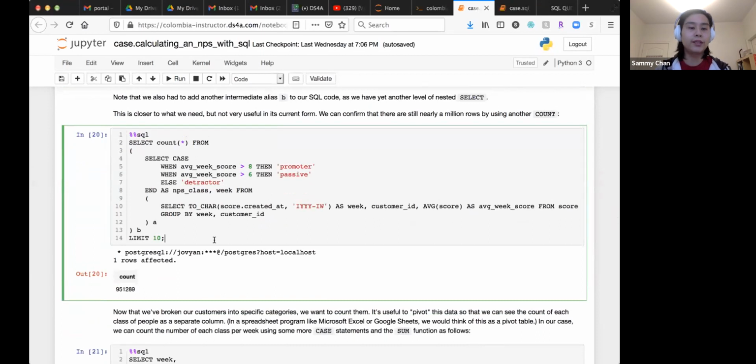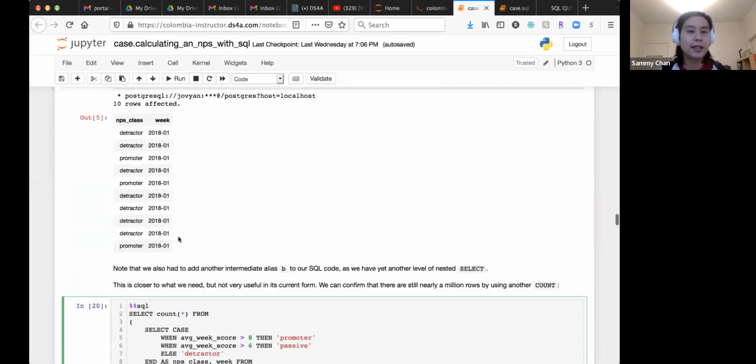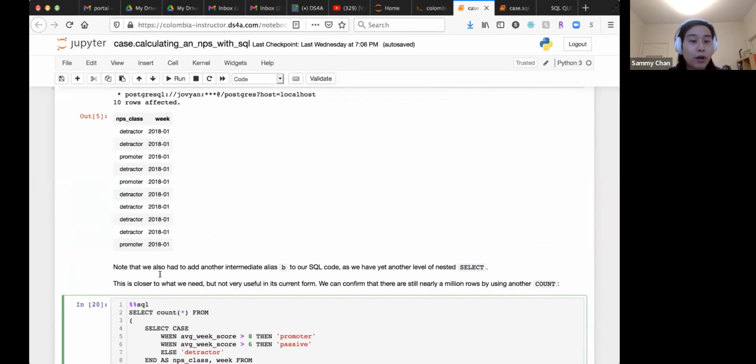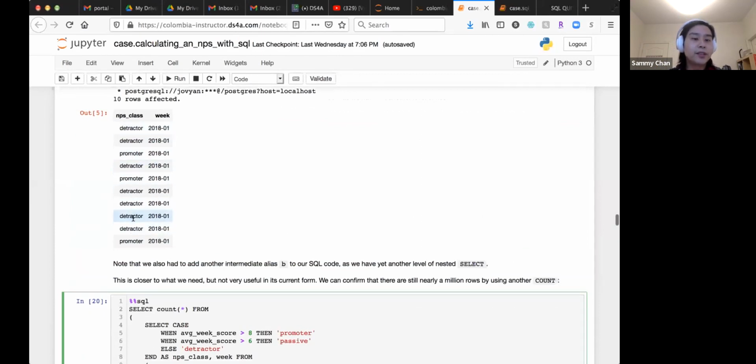So if we run, we still have almost a million rows. That means throughout all 52 weeks in 2018, there are still a million rows of average score that we received.